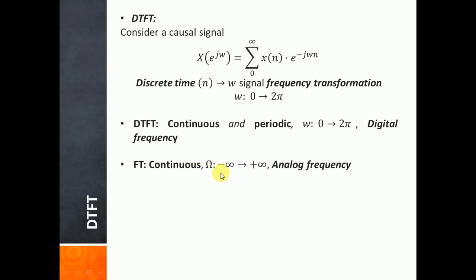Over there, the signal is continuous. It could be periodic, it does not have to be periodic. It could be aperiodic. But it ranges from minus infinity to infinity. So that's one important differentiation that you should understand. When you take the Fourier transform, you get a continuous waveform, but it is an angular frequency. This is sometimes referred to as digital frequency.